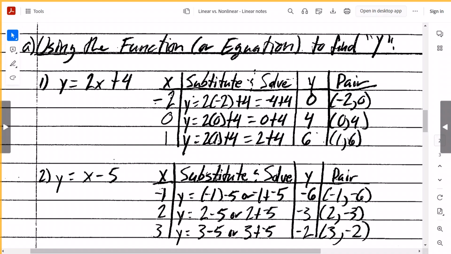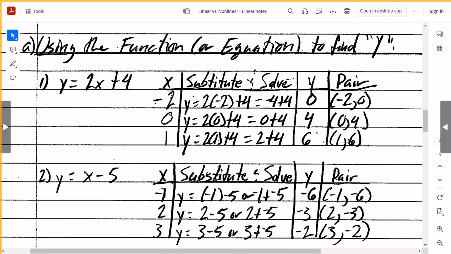But since you're uploading this into Moodle, I'm not going to have you draw one. You're just going to be reading them. I just used -2, 0, and 1. I'd like to use negatives so that you can see your rules for multiplying, dividing, adding and subtracting negative numbers.